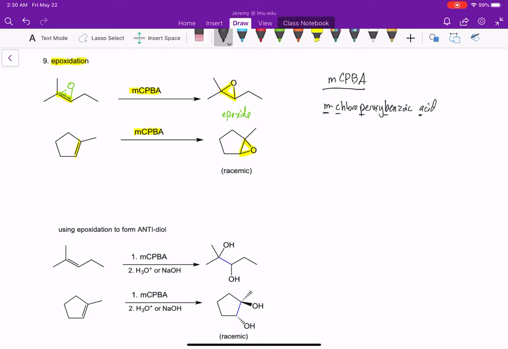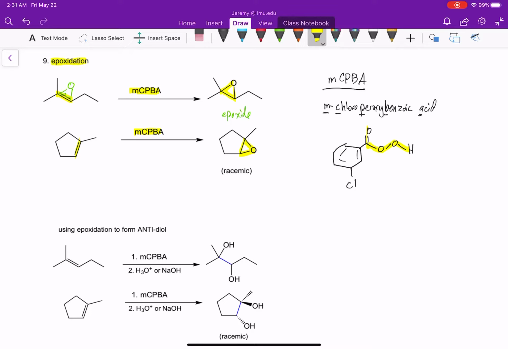I'm going to draw the structure of this compound. We have a benzoic acid, a chlorine, and then we have a peroxy group here. A peroxy group is like a carboxylic acid, but it has an extra O in the molecule.